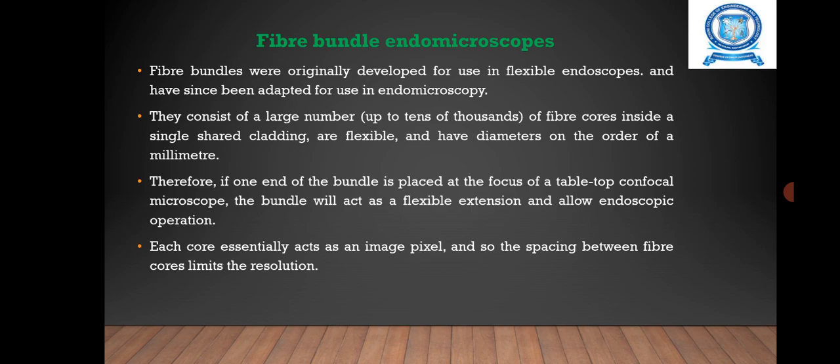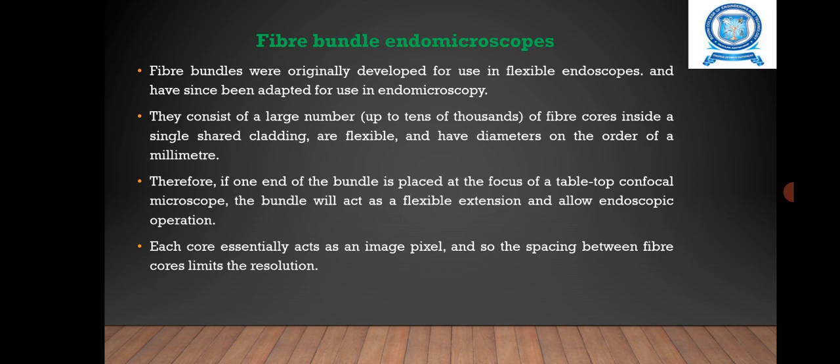Next one is fiber bundle endomicroscopes. Here fiber bundles were originally developed for use in flexible endoscopes and have since been adapted for use in endomicroscopy. They consist of a large number of fiber cores inside a single sheath or cladding, and have diameters on the order of a millimeter.